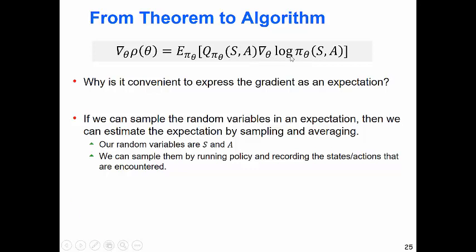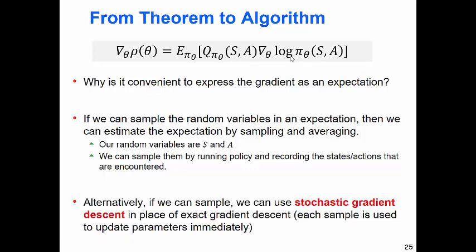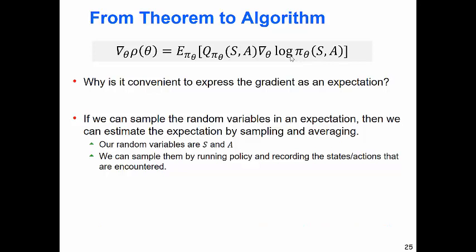Alternatively, another thing that you'll do sometimes is you'll say, okay, I've got an expectation. I'm going to run stochastic gradient descent. So to get an estimate of the exact gradient, you could sample many of these and then average and then do a gradient update.